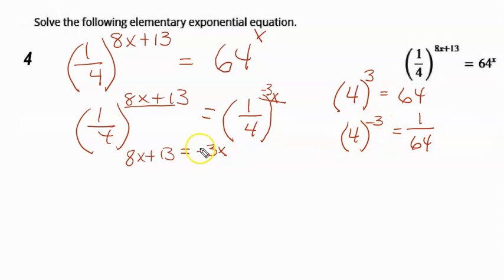So now we transpose this to the other side and get a +3x. So this is 11x. Transpose this +13 to this side, where it becomes a -13. Divide both sides by 11, and x is equal to -13/11. Wow. So this one was a challenging one. You're going to get others that aren't quite so challenging as this. They started us off with a rather difficult one.